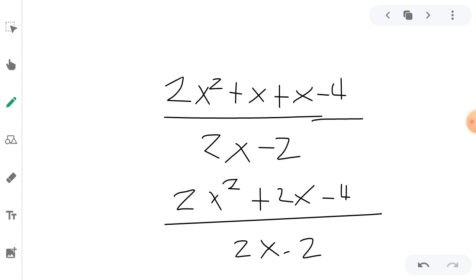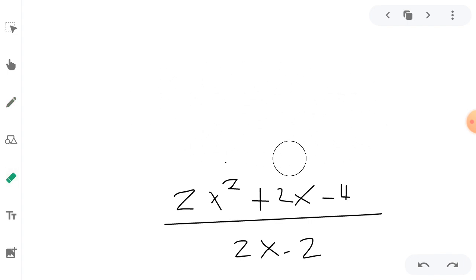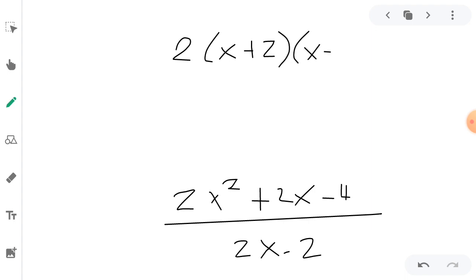Hindi pa ito yung ating final answer. Meron pa. I-factor muna natin yung ating numerator. Ano yung factor ng ating numerator? The factor of our numerator is x plus 2 times x minus 1.